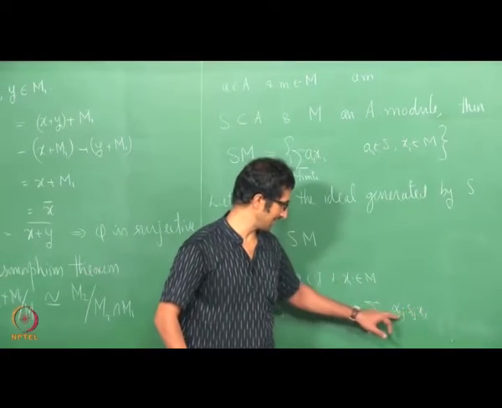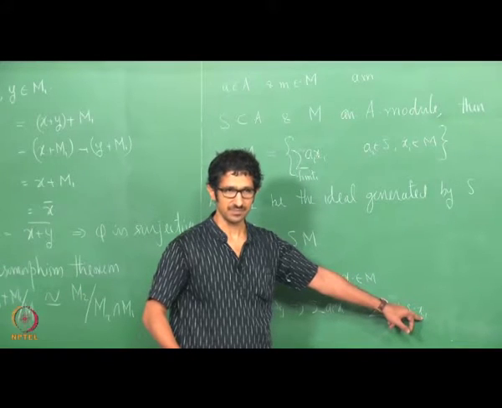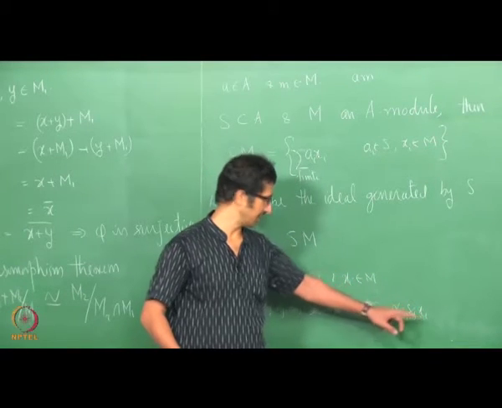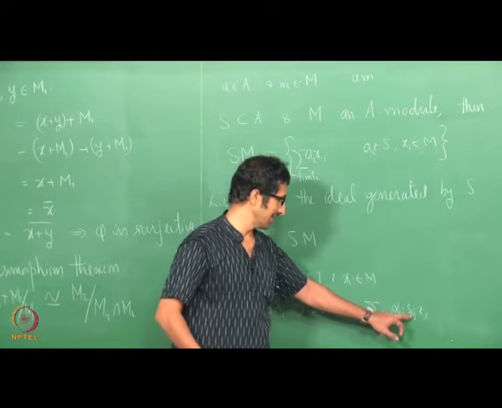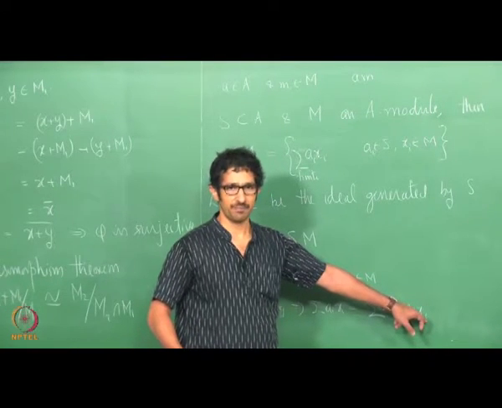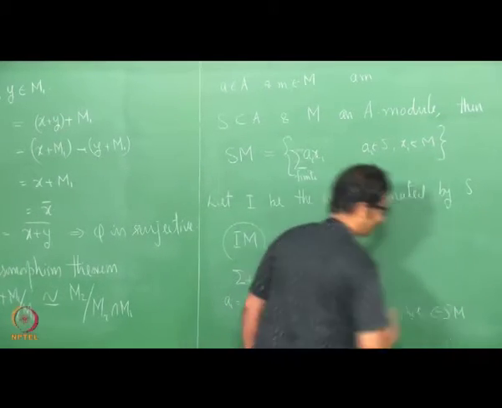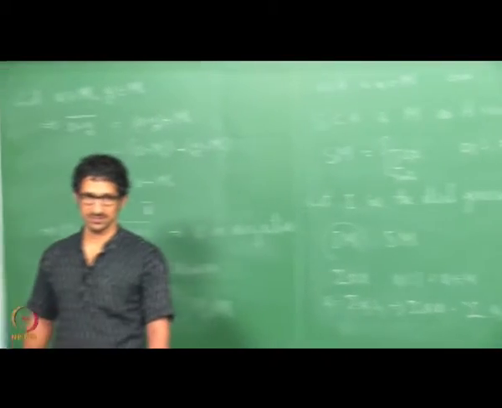Now, alpha_ij x_i is again in M. So, therefore, you can think of this as s_ij times some element in M. So, this belongs to SM. Okay.